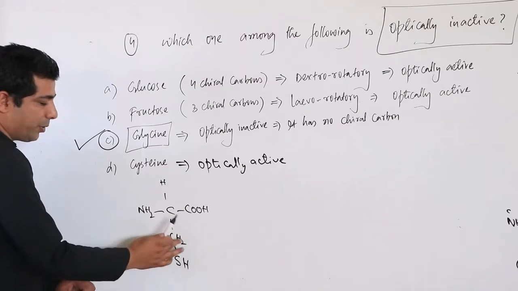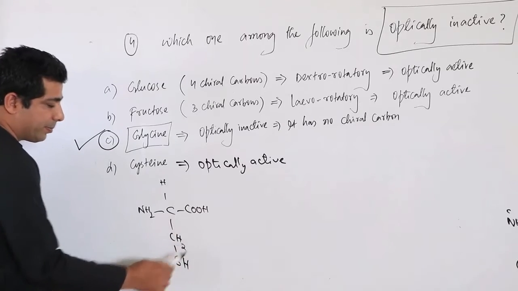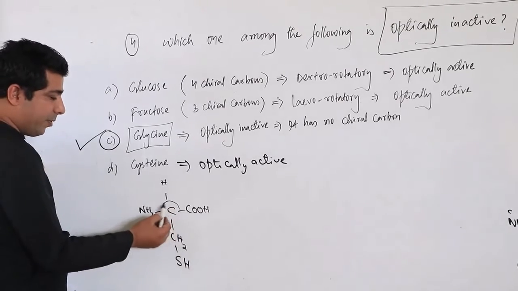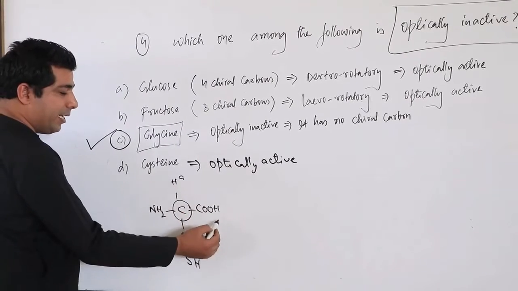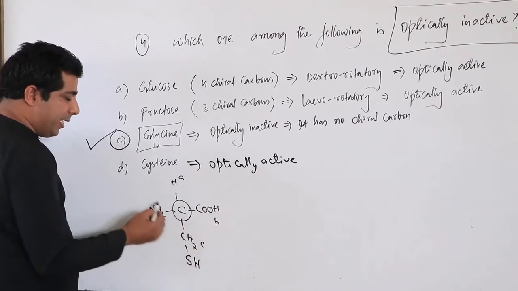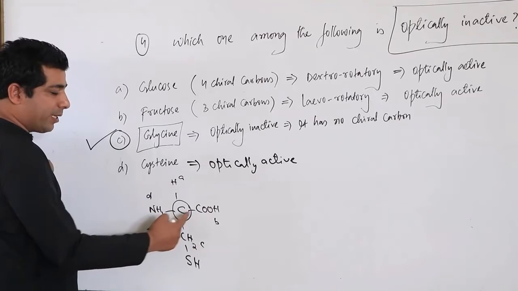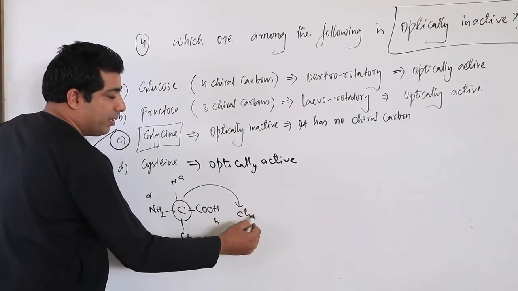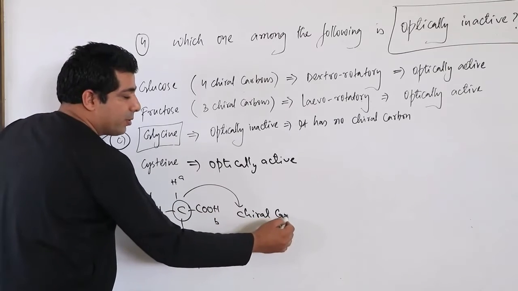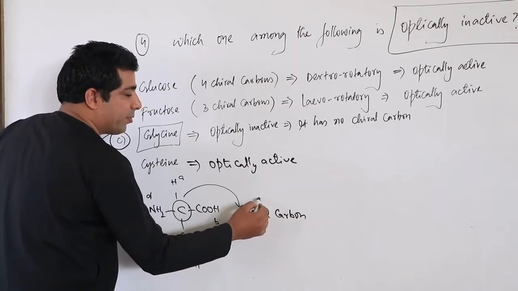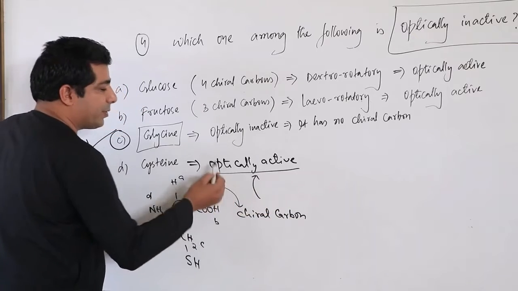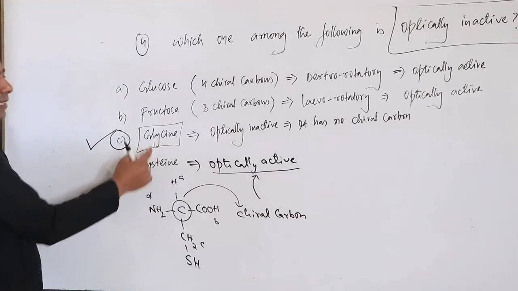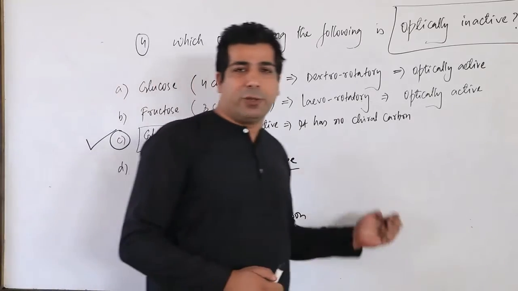This is the R group. Now this carbon will be a chiral carbon. You can see it. This is A, this will be B, this will be C, and this will be D. This carbon is surrounded by 4 different groups, so obviously it is a chiral carbon. When any molecule has a chiral carbon, it will be optically active. So inactive is only glycine. Please make note of this.